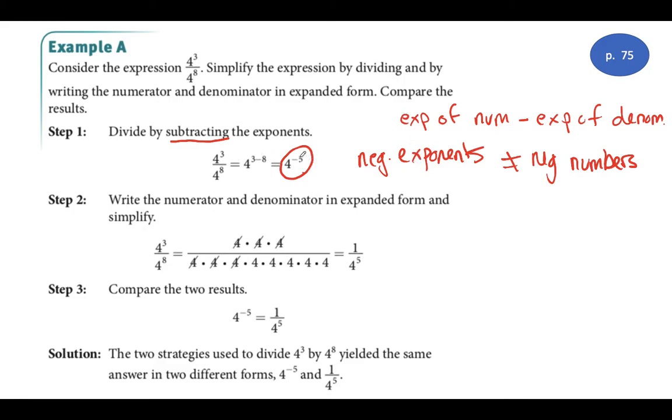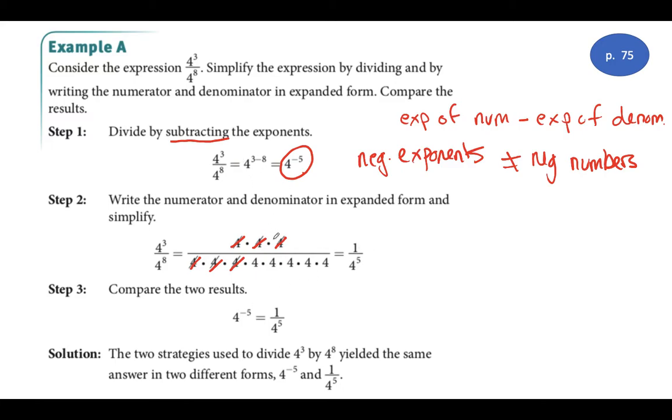We can figure out what this negative exponent means by using our expanded form. So 4 to the 3rd power is 3 factors of 4. 4 to the 8th power is 1, 2, 3, 4, 5, 6, 7, 8 factors of 4. And then we cancel what cancels. And because we had more factors of 4 in the denominator, our 4 to the 5th power ends up underneath the 1 in the denominator.